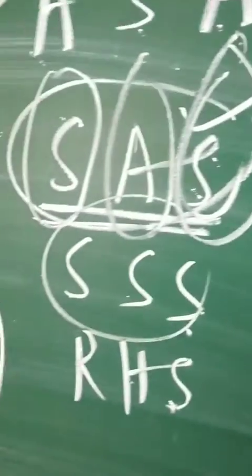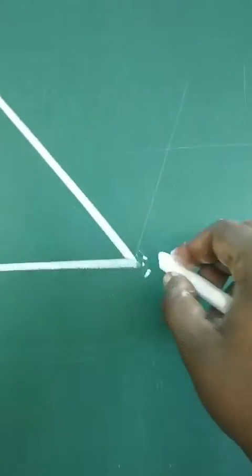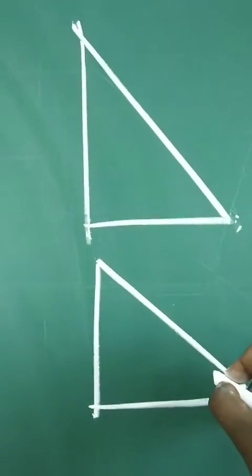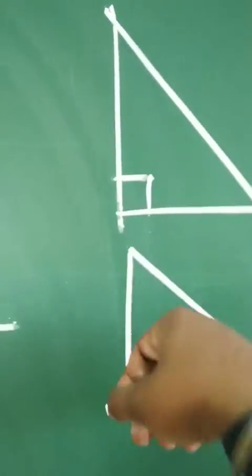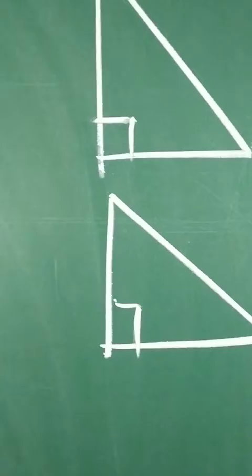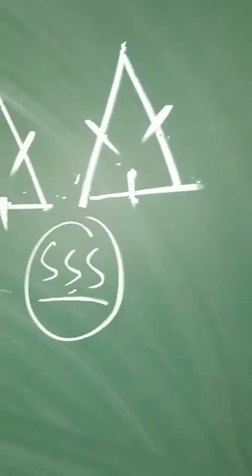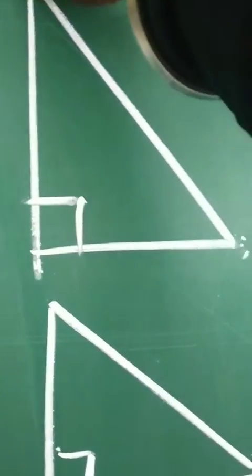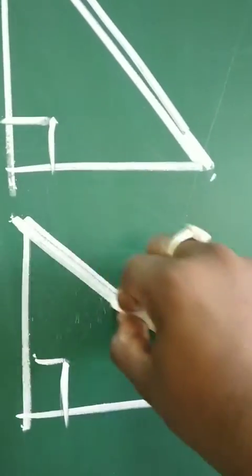And the last one is RHS. RHS is only applicable for right angle triangles. So there is a right angle triangle and there is another right angle triangle. Here is a right angle, here is a right angle, and we know that right angles are equal in measure every time. Next is H, which means hypotenuse. Suppose this side and this side are equal in measure.